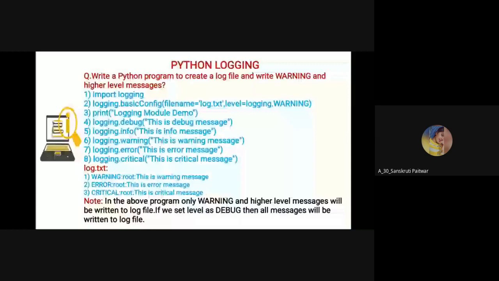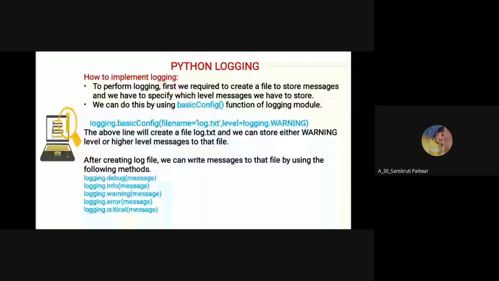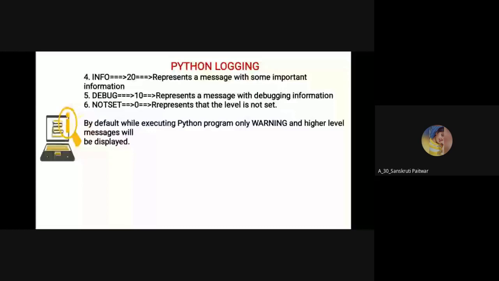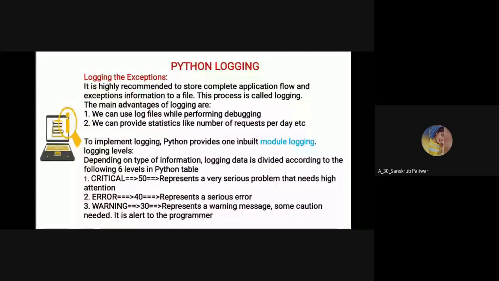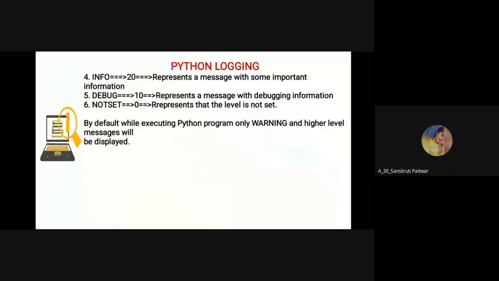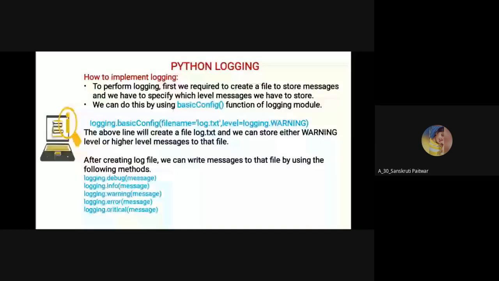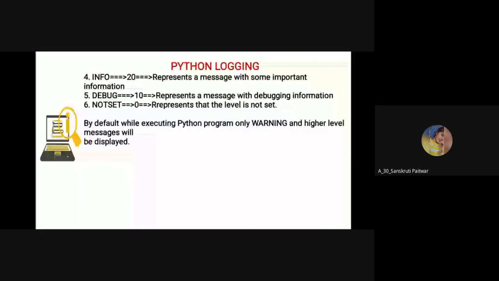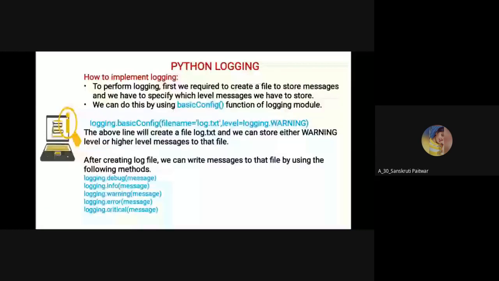So if you are specifying any level, then that level and the levels above that level, only those messages will get displayed. So here, if I set the debug level, then what will happen? Debug and the above 4 levels' messages will get displayed. So which level you are selecting, depending upon that, the messages will get displayed.